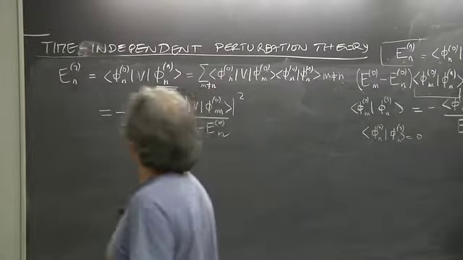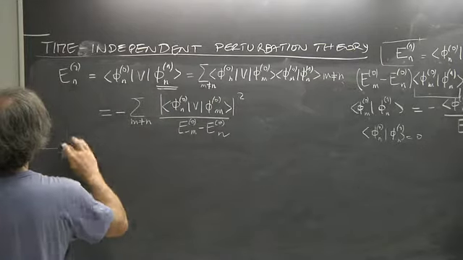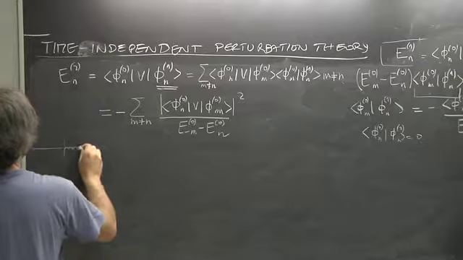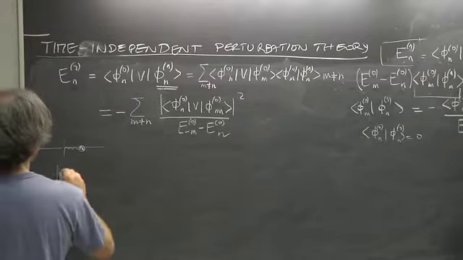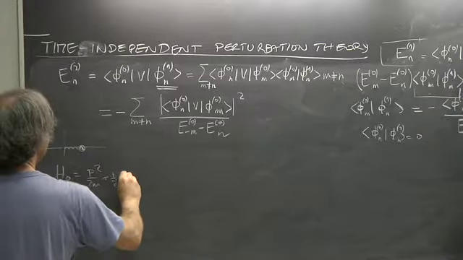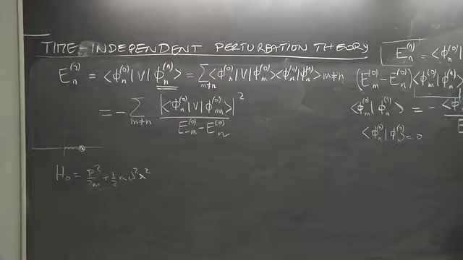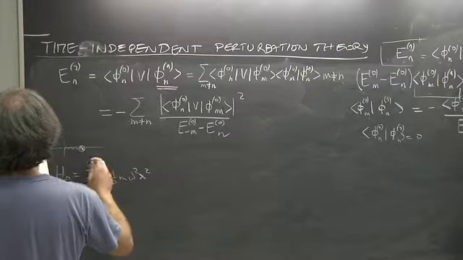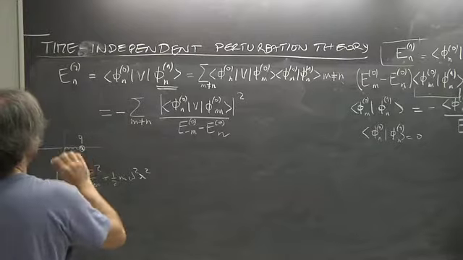Suppose that you have a charged oscillator, okay? So you are in one dimension. There is a spring, okay? So your H0 is obviously P square over 2m plus 1/2 m omega square x square. So this is the spring. But this object has a certain charge, Q. And I put some electric field.